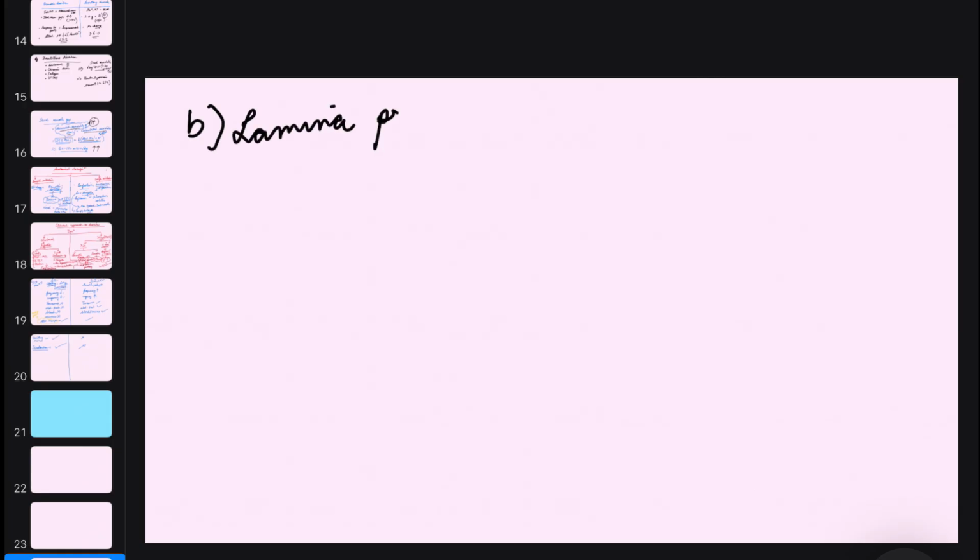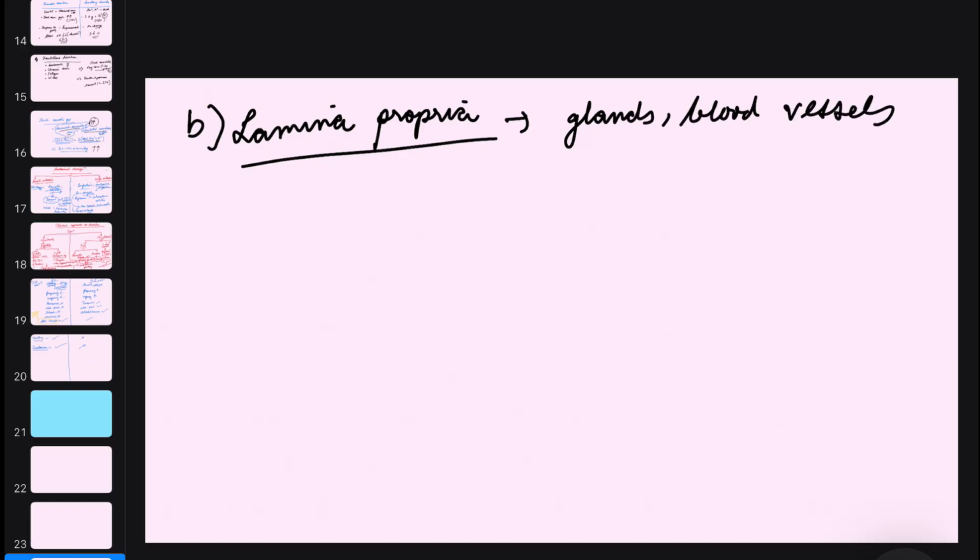The lamina propria has glands, it has blood vessels. Okay, this is another layer of the mucosa. The third layer of the mucosa is a muscular layer. It is called muscularis mucosa.